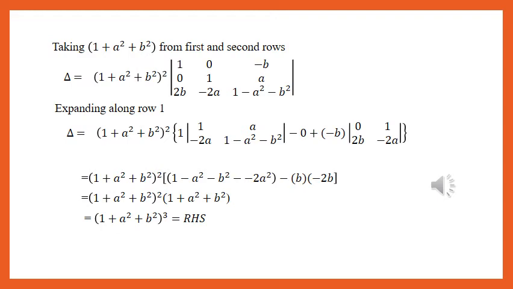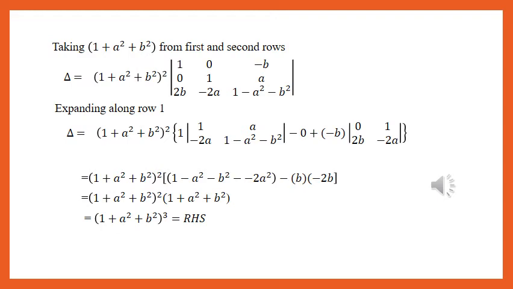Then through expansion, we get 1 minus a square minus b square minus 2a square. Those two negatives together, it is plus. Then minus b into minus 2b, that is plus 2b square. Then all together, we are getting again 1 plus a square plus b square. So all together, we have 1 plus a square plus b square, the whole cube.